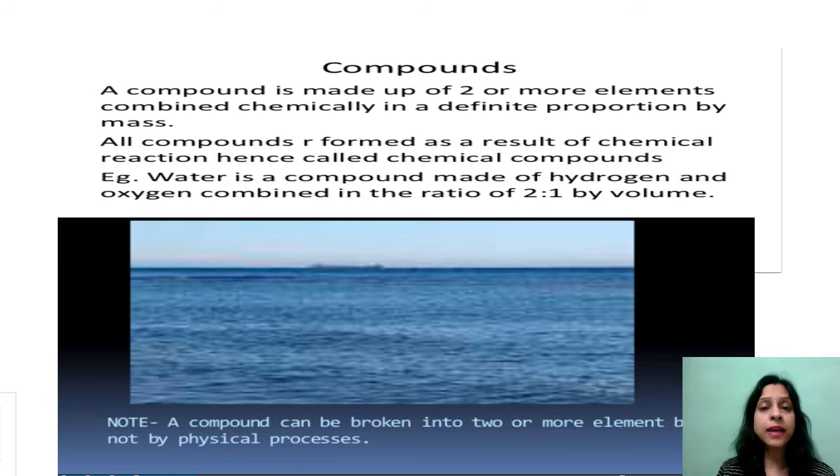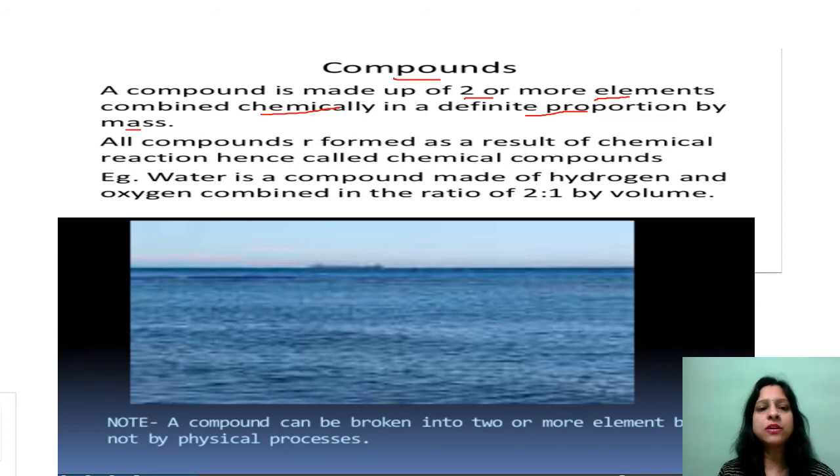Next, the classification of pure substance is compound. Compound is a classification of pure substance. A compound is basically made up of two or more elements combined chemically in a definite, fixed proportion by mass.